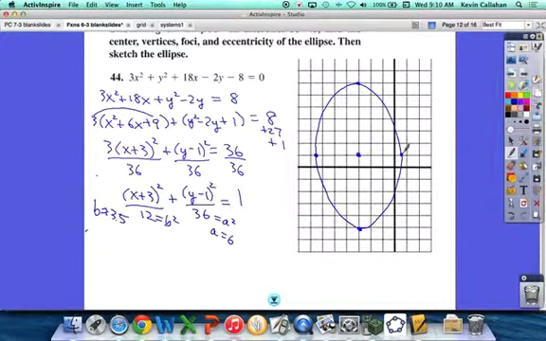So c squared equals 24, and c equals the square root of 24, which is going to be about 4.9, right? Because 5 squared is 25, so let's call it about 4.9. So we're going to go almost 5 up, 4, 5, about right there, and almost 5 down, about right there.